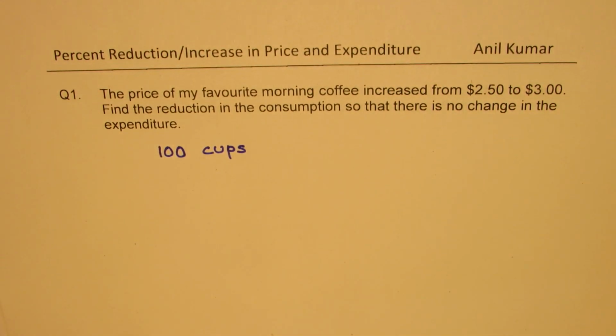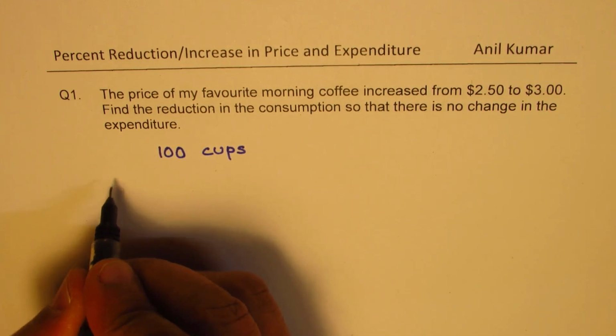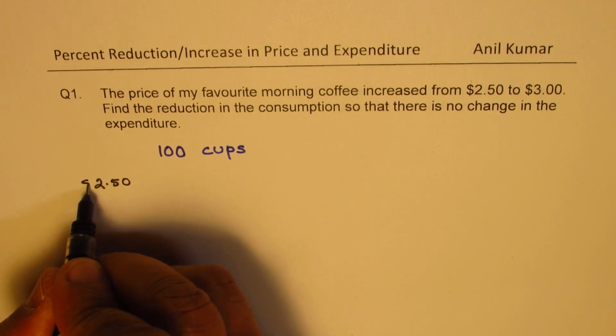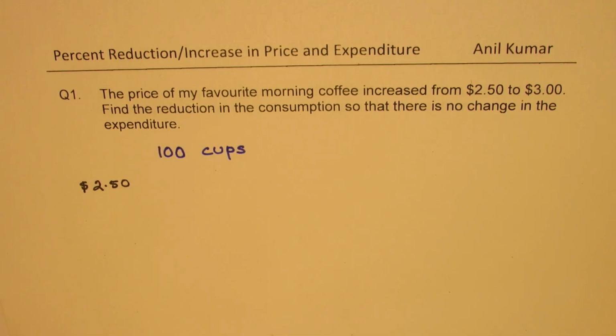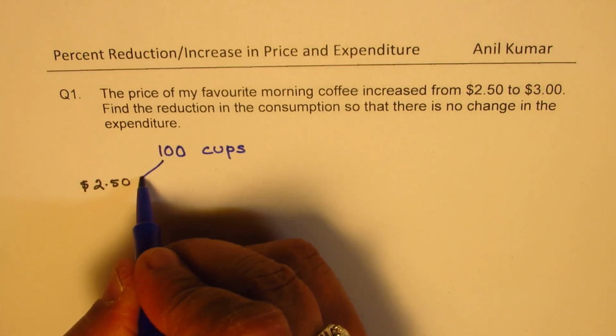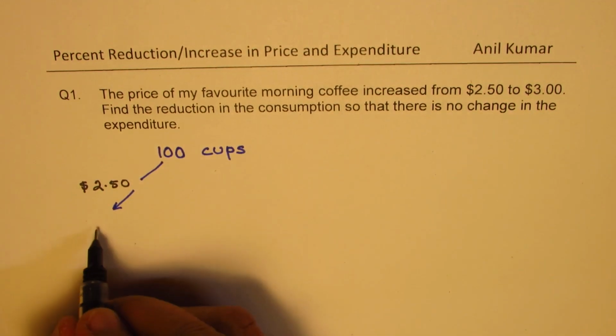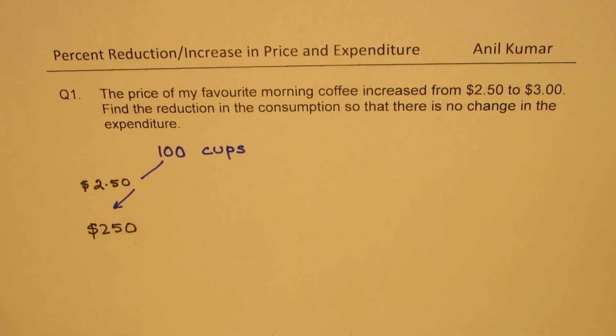So if our consumption is 100 cups, and if the rate is $2.50, in that case, how much are we spending? In that case, we are spending $250. Clear? That is what we are spending.